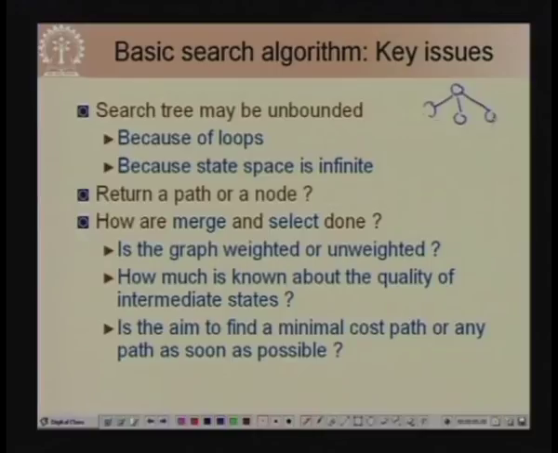Now, these states that we get go into the current fringe. We select one of the nodes of the current fringe for expansion. So, this node goes out of the fringe and its successors are placed on the fringe. That is, if we look at this search tree, the fringe constitutes those nodes which are at the leaf of the search tree.